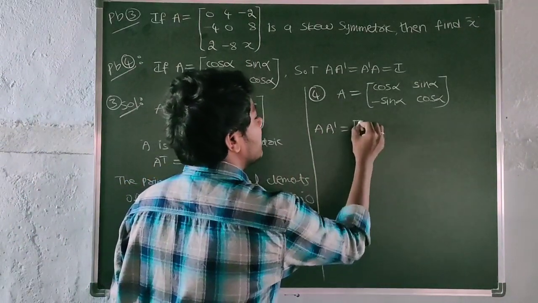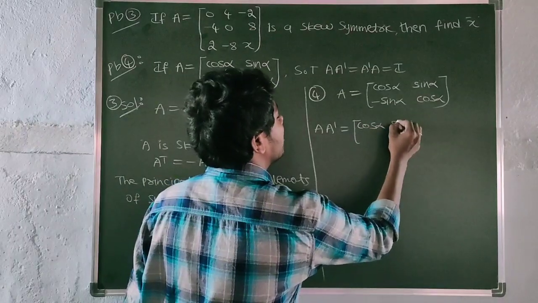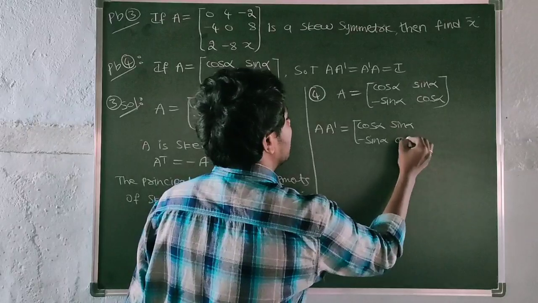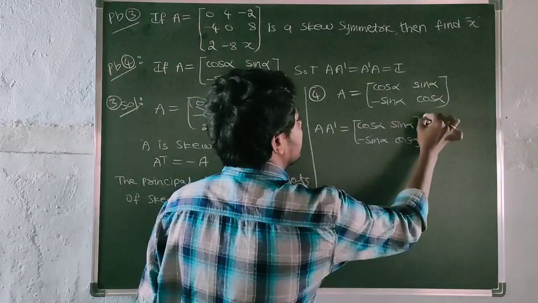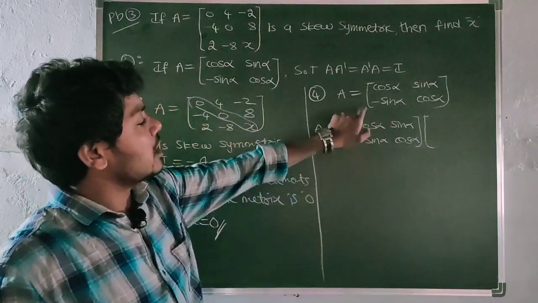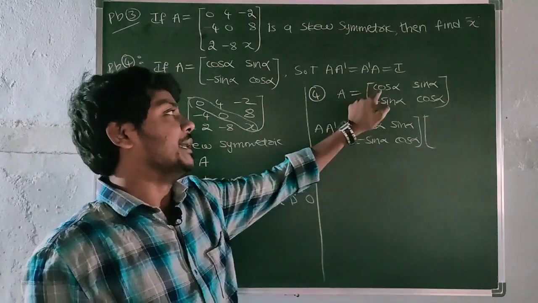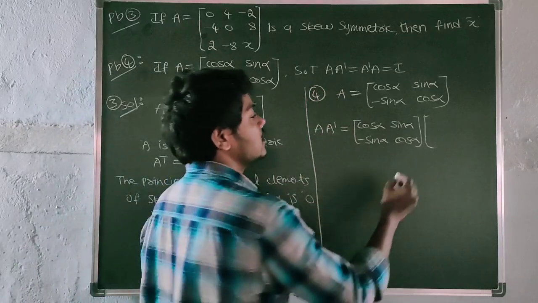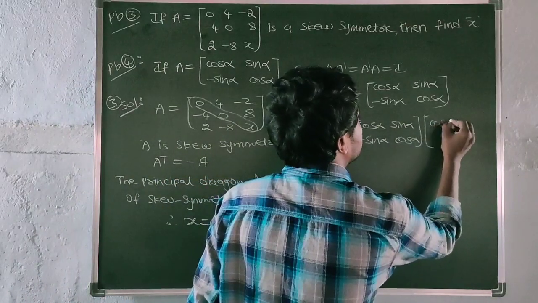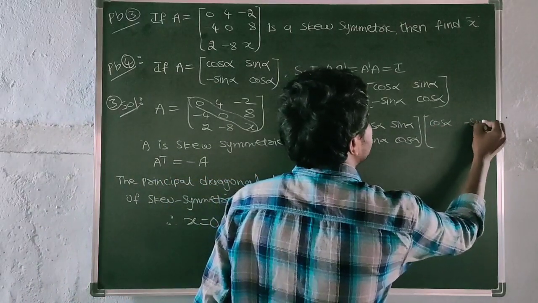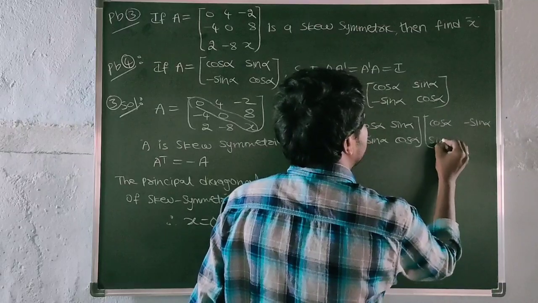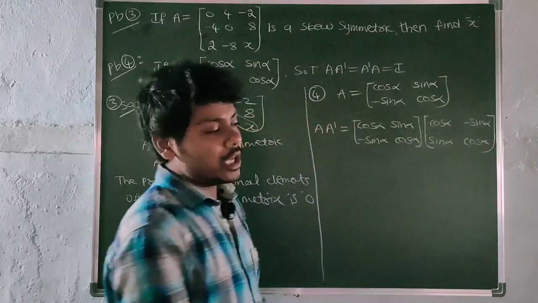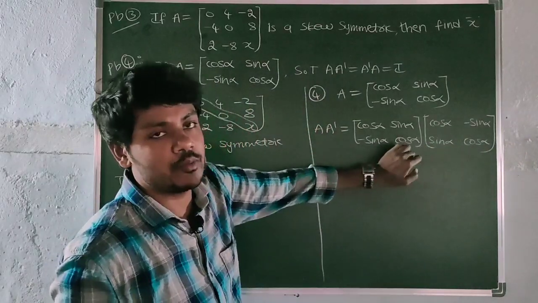So A is cos alpha, sin alpha, minus sin alpha, cos alpha, into the transpose of A. So you have to interchange the rows and columns of this matrix. So that is cos alpha, minus sin alpha, sin alpha, cos alpha.